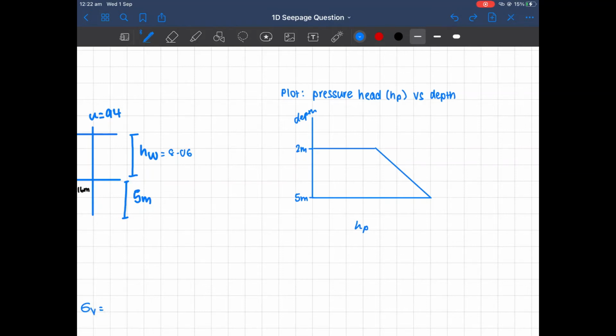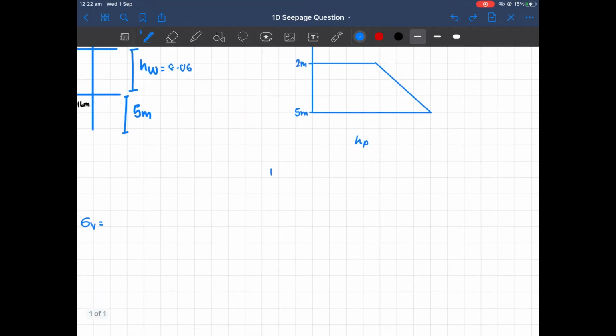We can use the relationship U equals gamma W times HP, pressure head. And we also know that we need to find U, because to find the effective stress, we need to subtract U from the total stress. So this is the relationship we need to use.